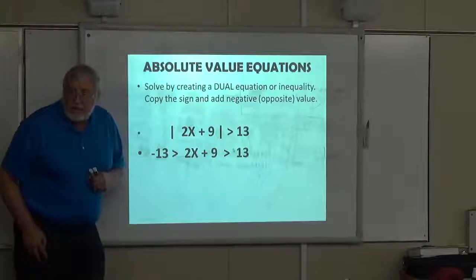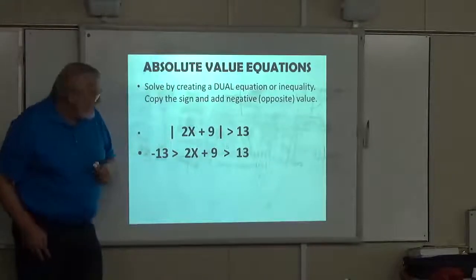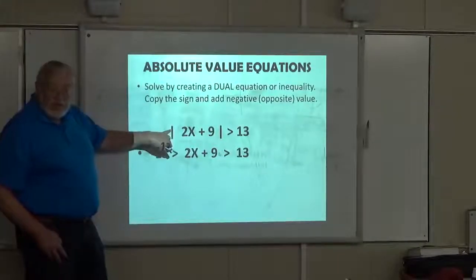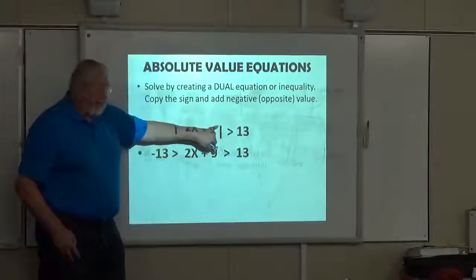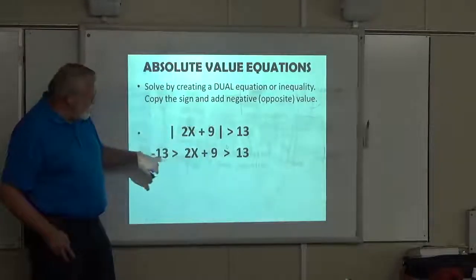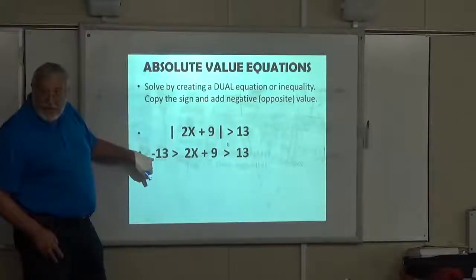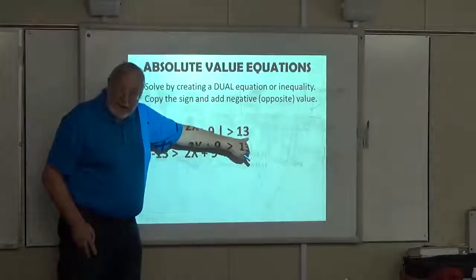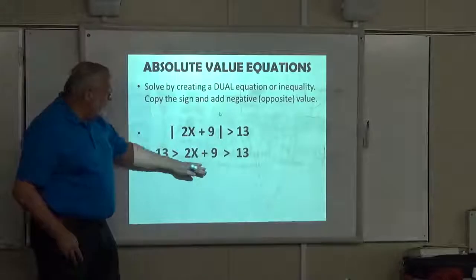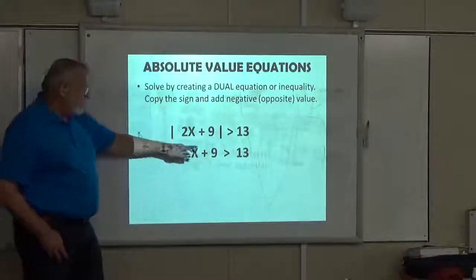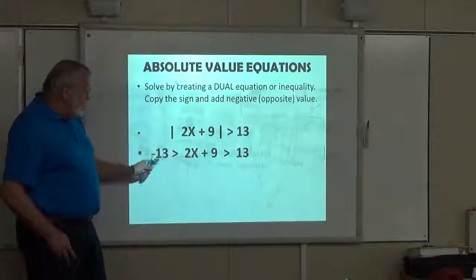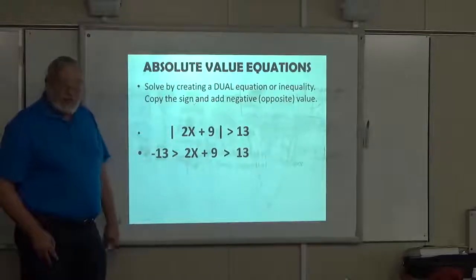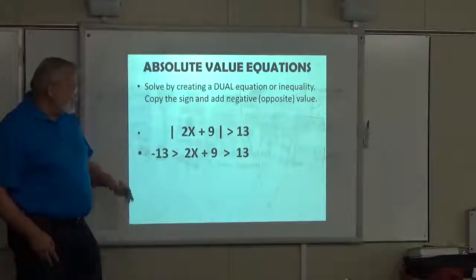If you understand that the absolute value could have been negative or positive, and it's going to end up being positive, you actually have this situation. You copy that sign, put the negative here, and then you're going to solve it using algebra.